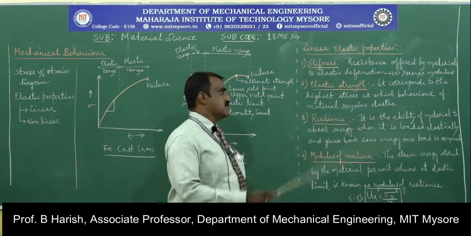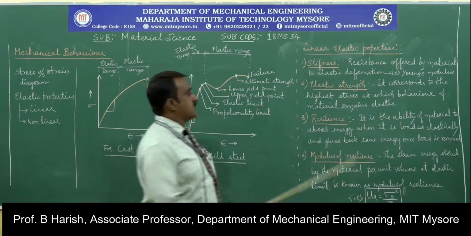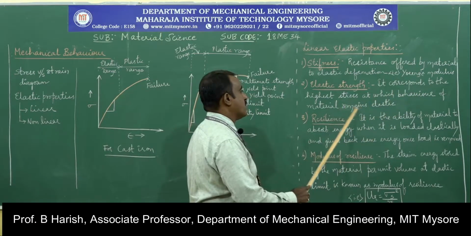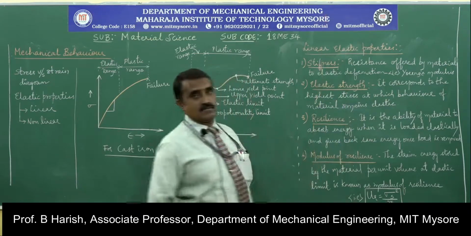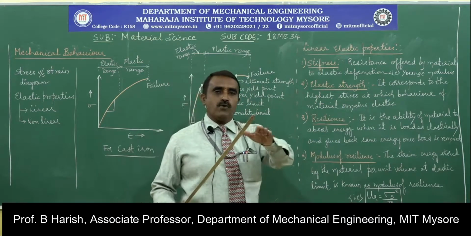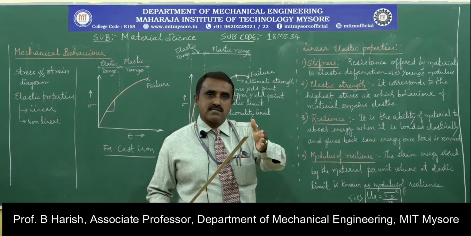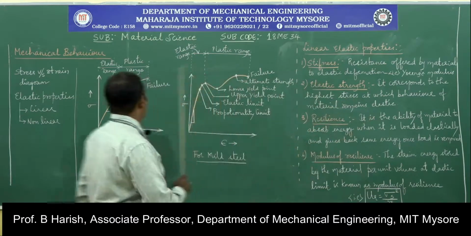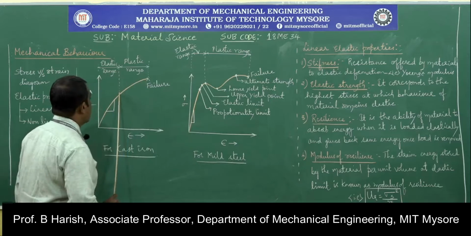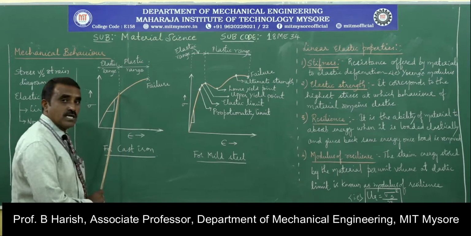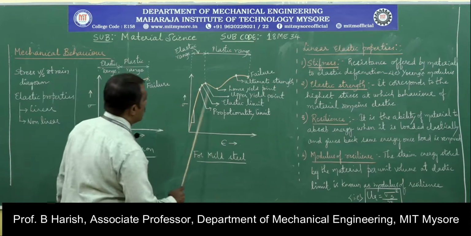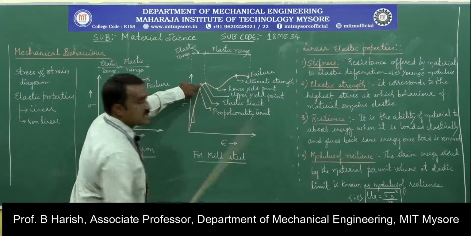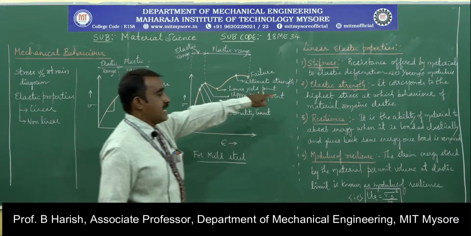The second one is elastic strength. It corresponds to the highest stress at which the behavior of a material remains elastic. It is the maximum point where the material crosses the elastic region and enters the plastic region. The strength at this point, the elastic limit, is called elastic strength.